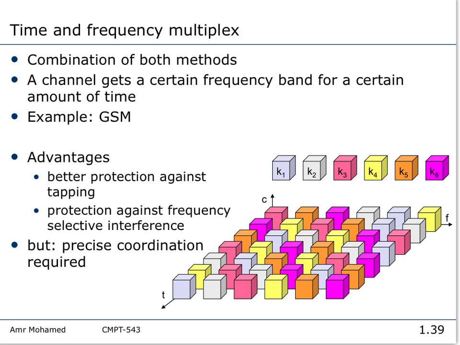So when I change this dynamically, one of the factors I can keep in mind is how much fading and interference exists in this frequency at this time. Okay? And that's exactly what happens in 2G.